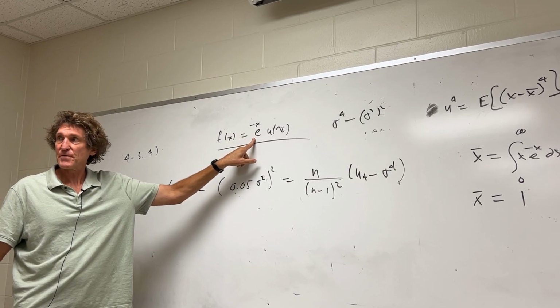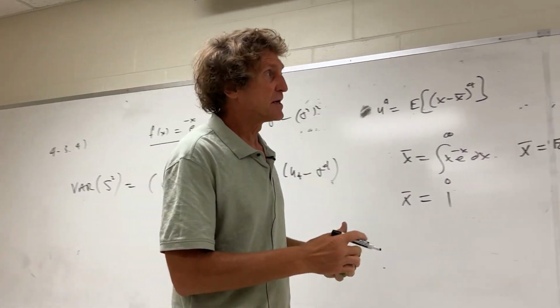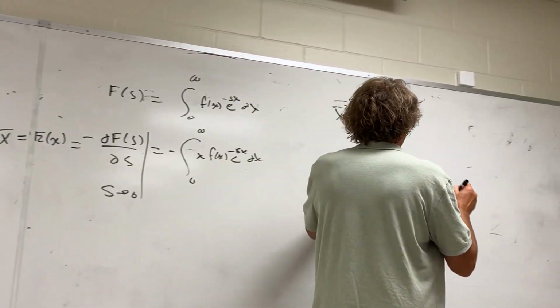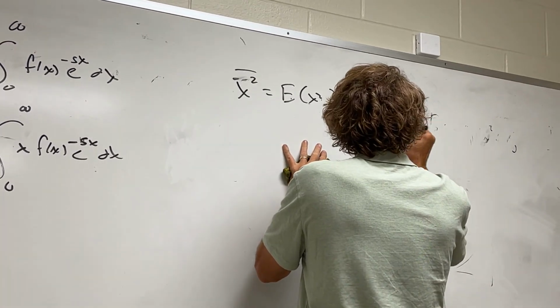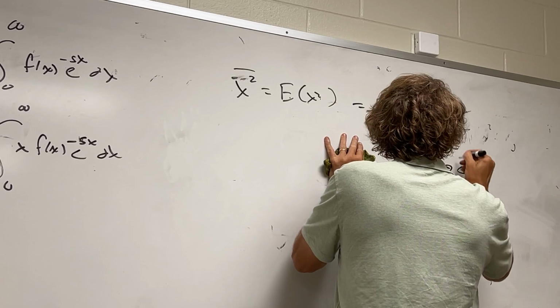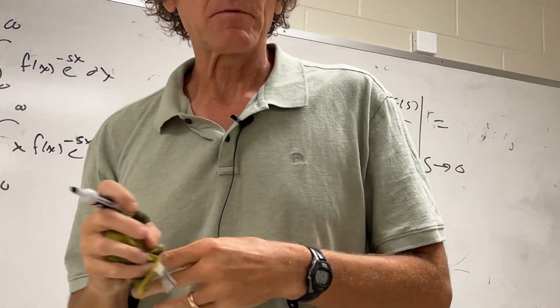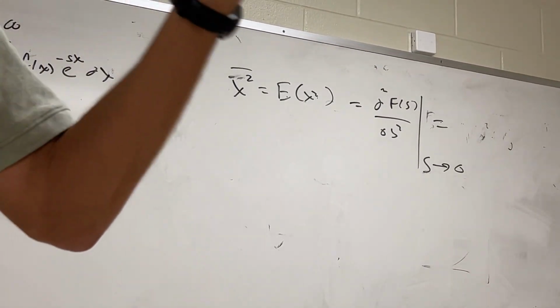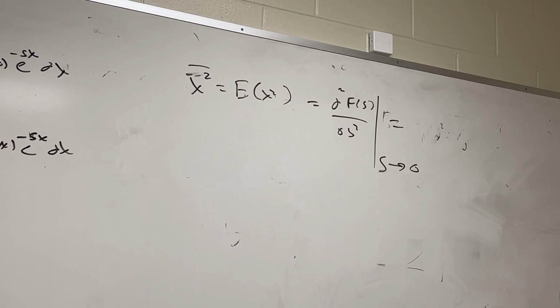It goes from 0 to infinity, has exact bounds. You can do it quick. But when you do this, what is this? This is really going to be just the second derivative of f of s with respect to s squared, evaluated at s equals 0. That would be the second moment. The negative sign will cancel at that point. You don't have to multiply by negative. All right, these moments are all going to be positive, by the way. If you get a negative moment, you forgot a minus sign.